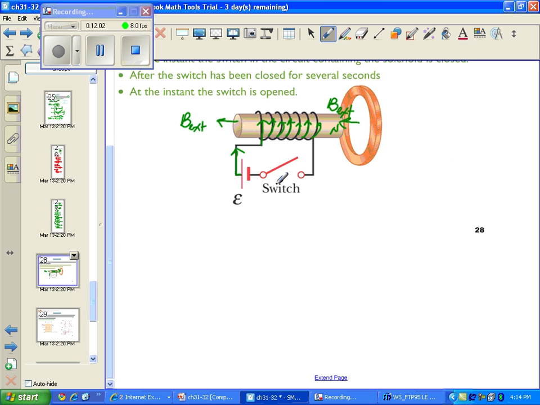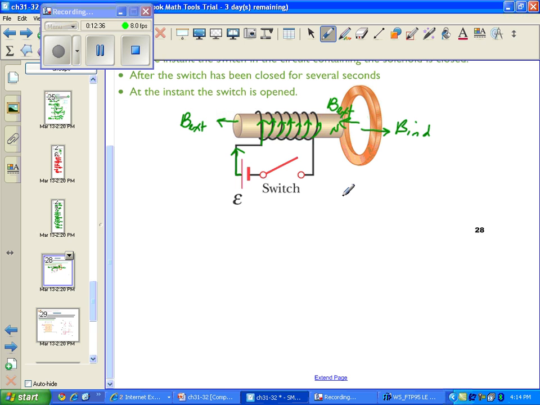Well, at the instant that the switch is closed, the current is growing in size, and so is the external magnetic field. Well, this ring does not like to see an external magnetic field which is growing, so it produces an induced magnetic field in the opposite direction. And what that means is that there is going to be a current that flows through the ring by the right-hand rule.